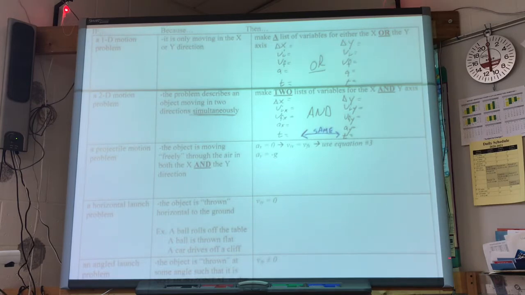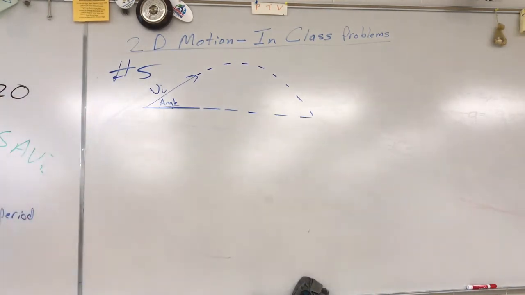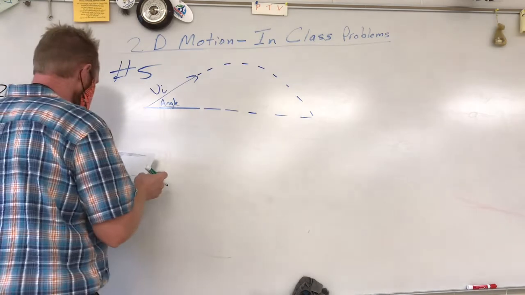The key is angled launch, at some angle, such that the velocity in the x direction is 18 meters per second.